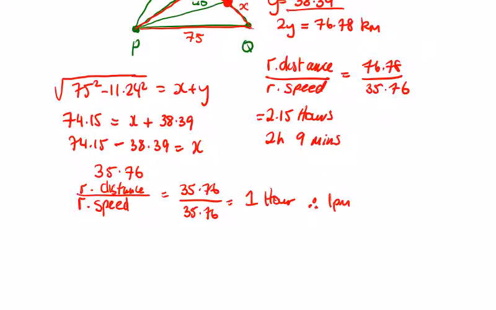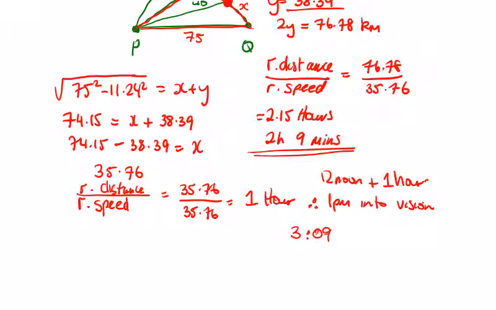Therefore 1 p.m.: 12 noon plus 1 hour, therefore 1 p.m. into vision, and they're in vision for 2 hours 9 minutes, so therefore 3:09 they lose sight of each other.